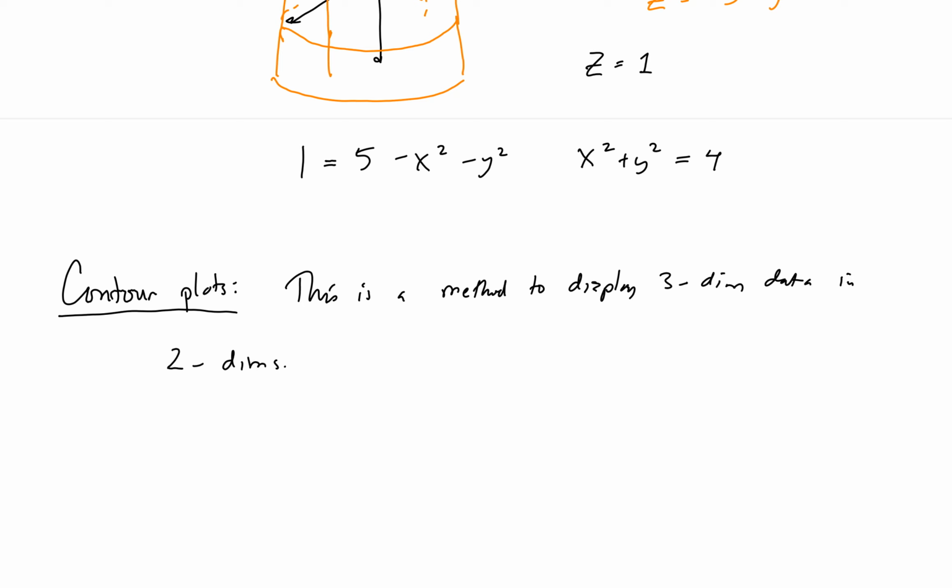You've likely already seen this lots of times. Think of topographic maps, where you're looking at a map of some area and they label the heights at the various spots so you can tell whether there are valleys or mountains. Also weather maps: when you watch the weather, they'll often display the temperatures on contour plots.